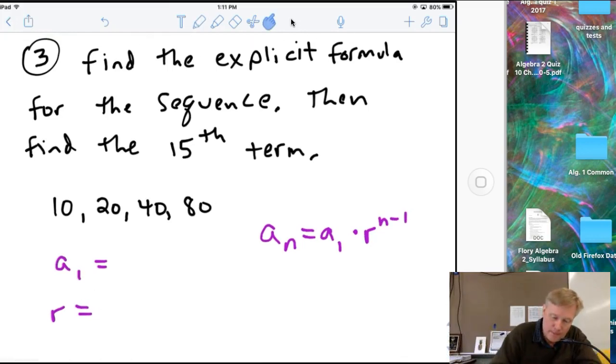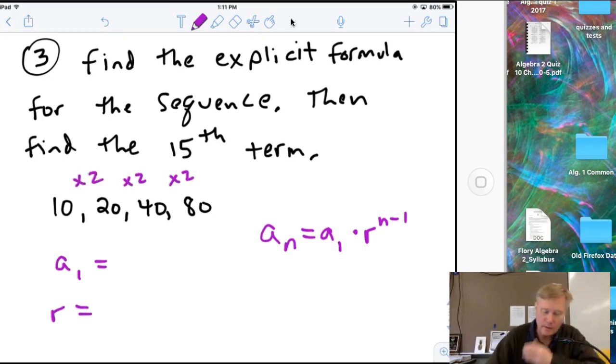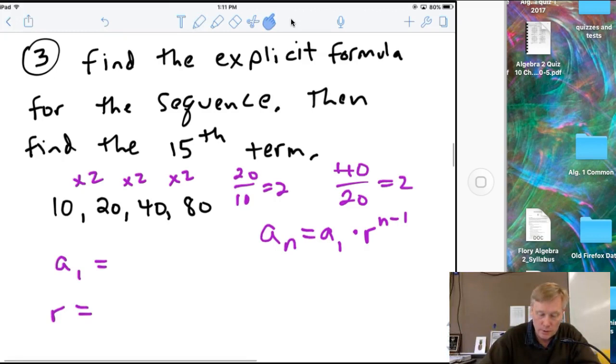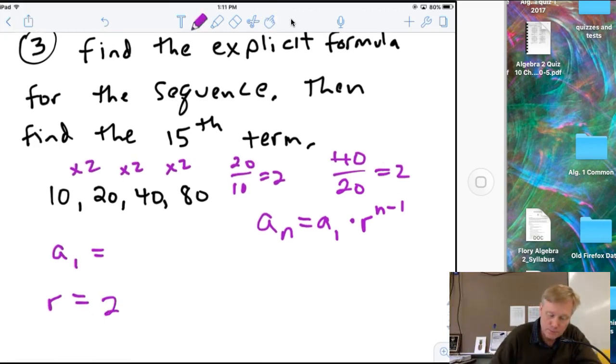Which means common ratio. How did you get from 10 to 20? How did you get from 20 to 40? How did you get from 40 to 80? And if you forgot, you could always go, 20 divided by 10, that's 2. 40 divided by 20 is 2, so on and so forth. So therefore, R is 2.